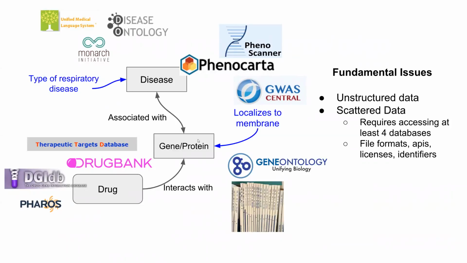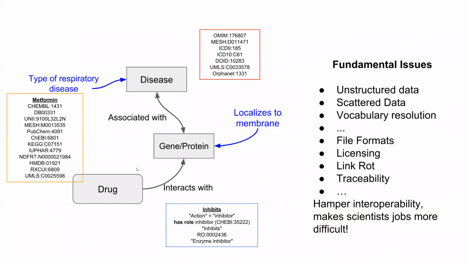There's gene and protein information, and gene-disease associations from places like PheKnowLator or GWAS, PhenoScanner. There are many different disease ontologies: UMLS, Disease Ontology, Monarch. So to answer this, it would require accessing at least 4 different databases, dealing with file formats, APIs, licenses, and identifiers.